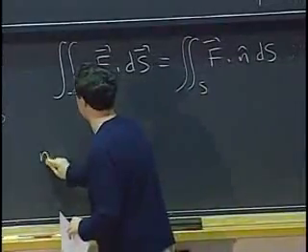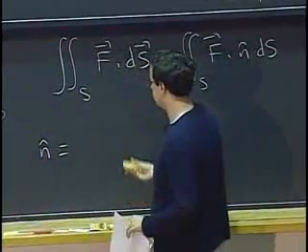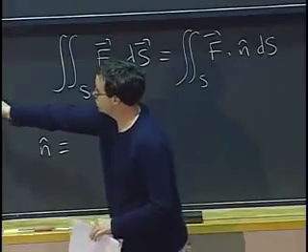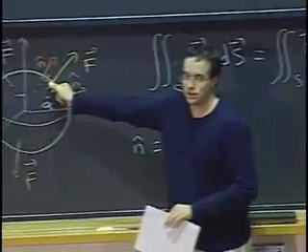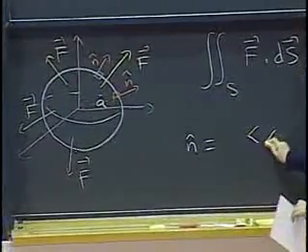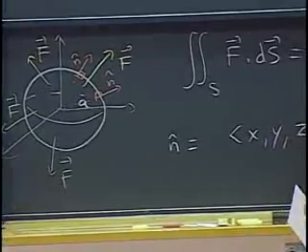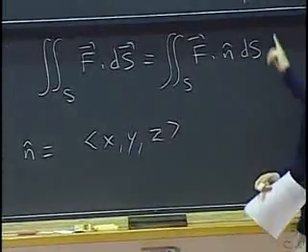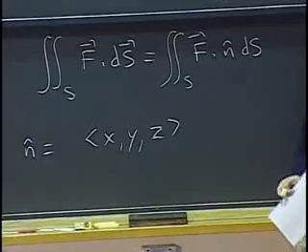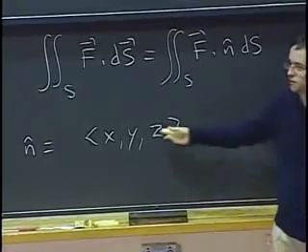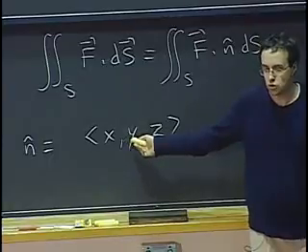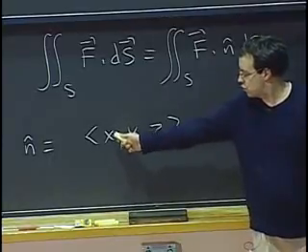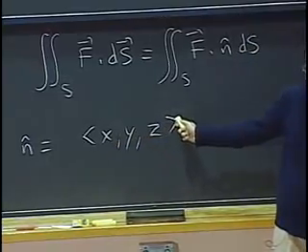Okay, let's think a bit more about what the normal vector looks like. So I say it's sticking straight out. It's proportional to this vector field. So maybe I should start by writing x, y, z, because that's the vector that goes from the origin to my point, so it points radially away from the origin. Now there's a small problem with that. It's not a unit vector. So what is its length? Well, its length is the square root of x squared plus y squared plus z squared.